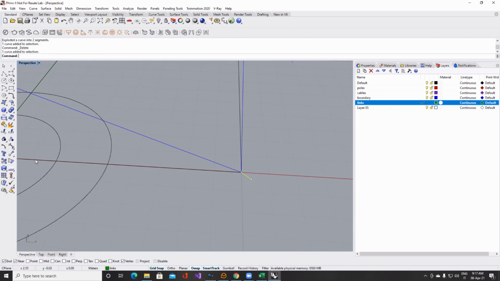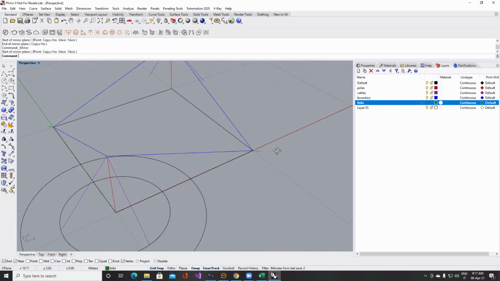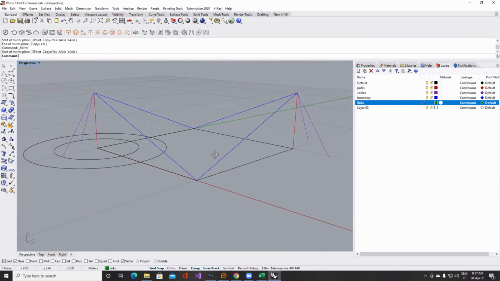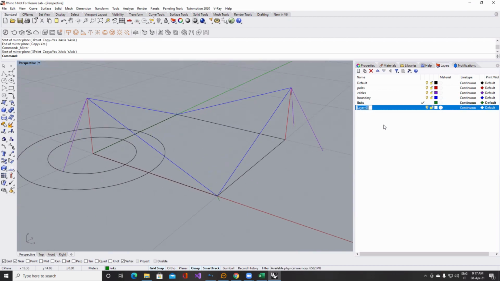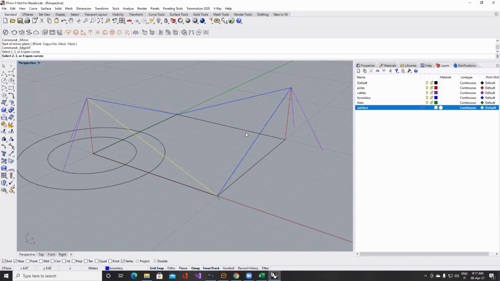I get this one and I mirror it again. So I have made a perfectly symmetric boundary. Let's make the last one, that's a surface. And I will make a surface between 4 edges, edge curves.